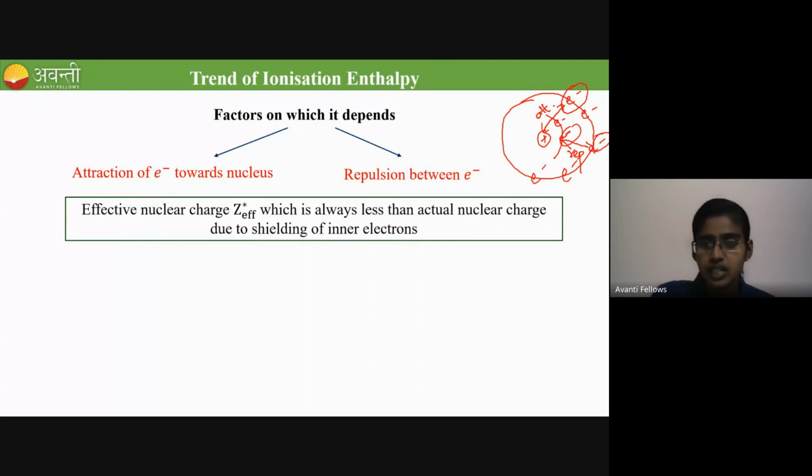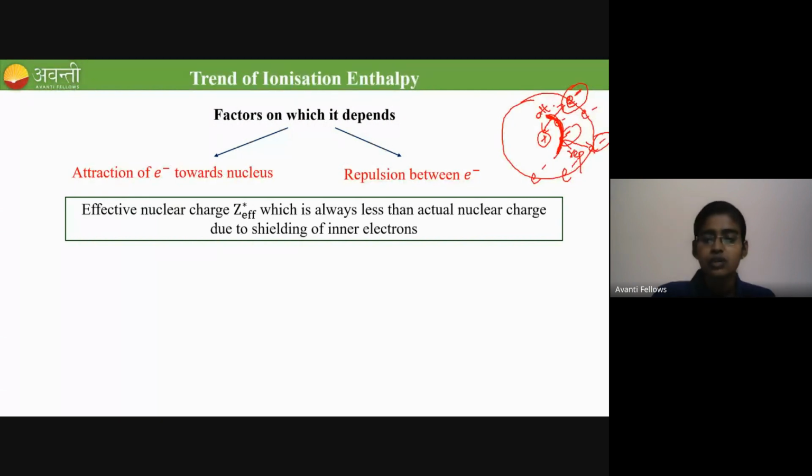So these inner electrons, which are there in the K shell or L shell in some cases, will shield the outer valence electron coming towards the nucleus. Because of this shielding property, the force of attraction will become less, and because of that, the effective nuclear charge is also less.